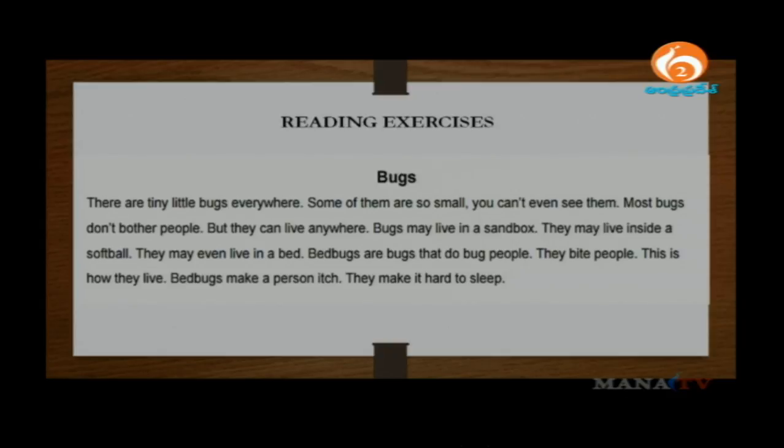Bugs may live in a sandbox. They may live inside a soft ball. They may even live in a bed. Bed bugs are bugs that do bug people. They bite people. This is how they live. Bed bugs make a person itch. They make it hard to sleep.